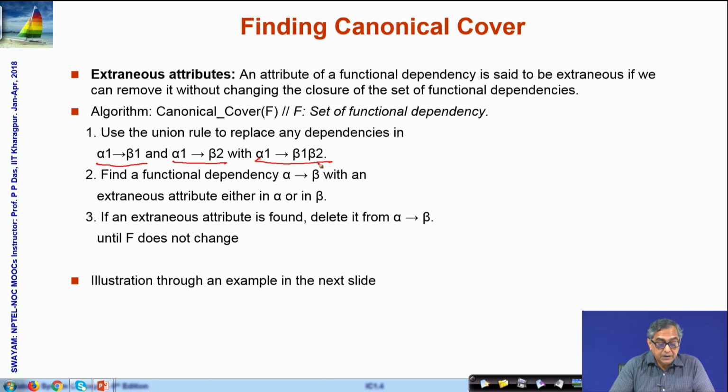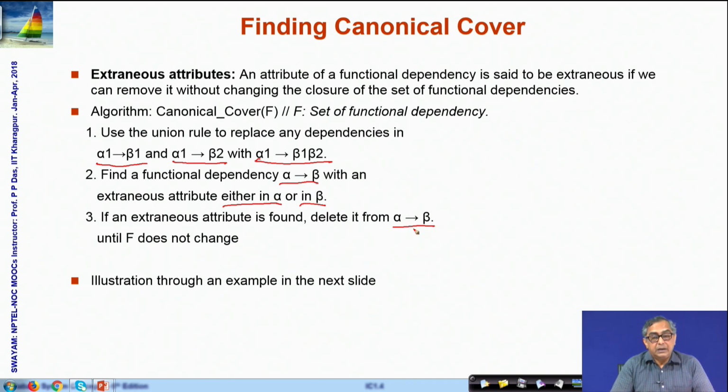So, we will find a functional dependency alpha determines beta with an extraneous attribute either in alpha or in beta. It could be on the left hand side or on the right hand side. Given some other functional dependency, we can identify an attribute and find if it is extraneous on the left hand side or on the right hand side. If we find that, then we will delete it from this functional dependency until F does not change.